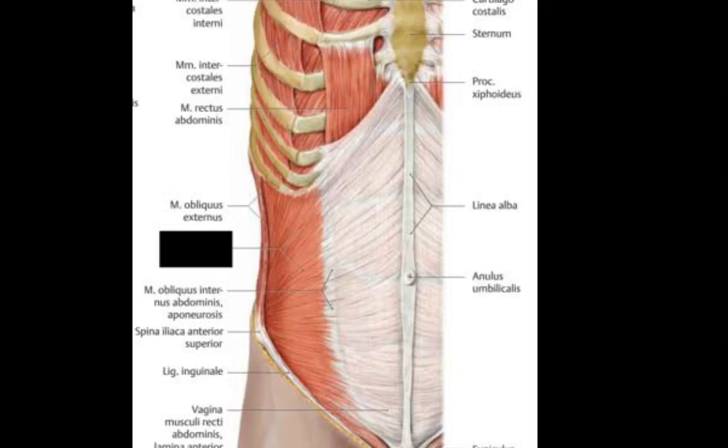So below the umbilicus it is very narrow and above the umbilicus it is wider. Okay, it is present in the midline of the anterior abdominal wall, and if you see the attachments of this linea alba, it is attached above to the tip of the xiphoid process of the sternum, and below it is attached to the pubic symphysis.